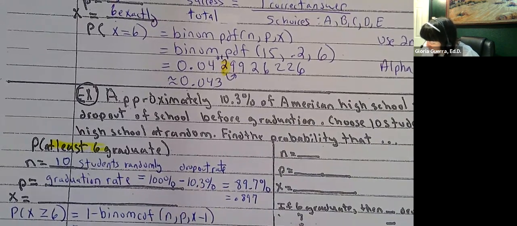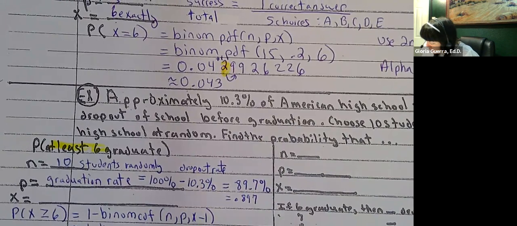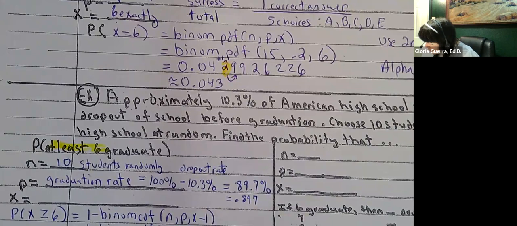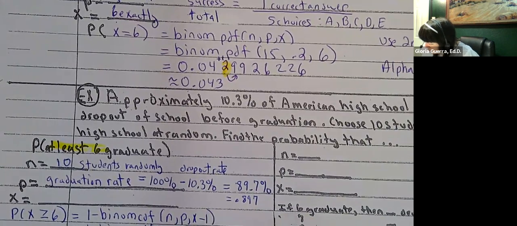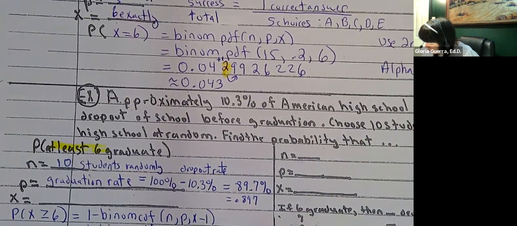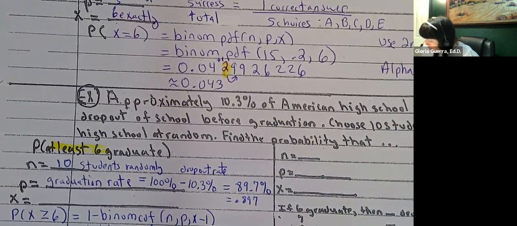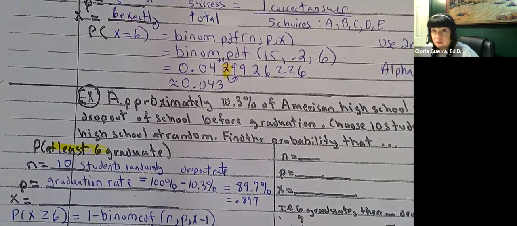So I do my substitutions. This is 1 minus binomial CDF. N is 10, P is 0.897, and then this is 6 minus 1, which is 5.